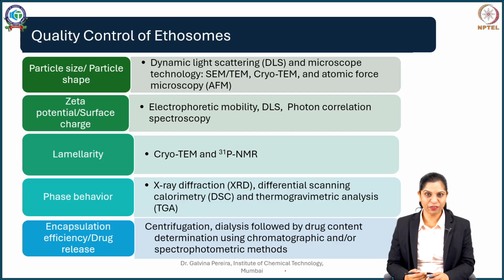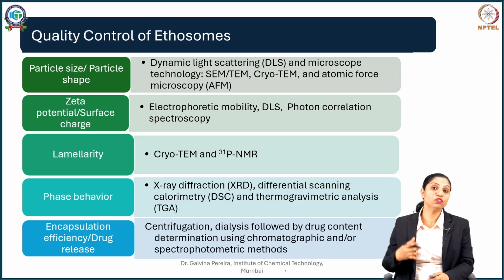The phase behavior, the glass transition temperature, and the interaction of ethanol with phospholipids can be studied by different techniques, which include X-ray diffraction, which sees the scattering of X-rays based on Bragg's equation.